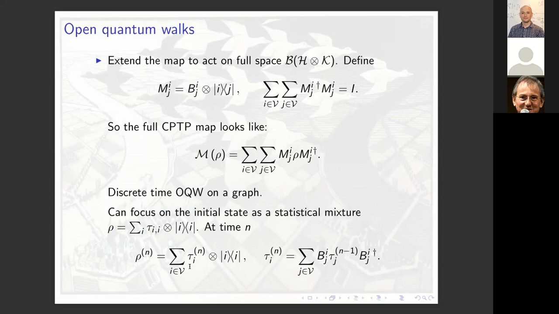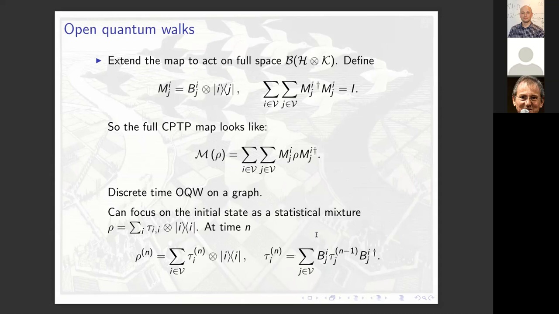This matrix over here, tau in, is a matrix describing the internal degree of freedom. And of course, this outer product describes the position of the walker on the graph. This matrix is given by this sum over here.